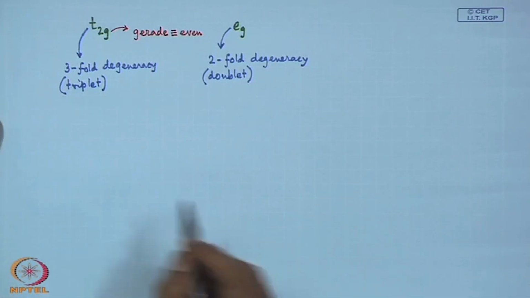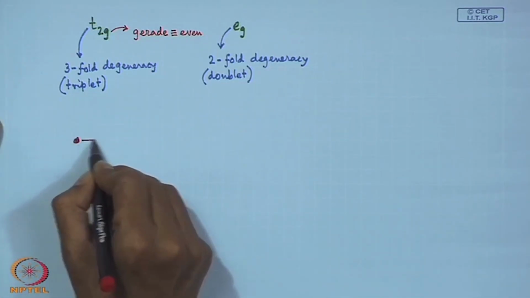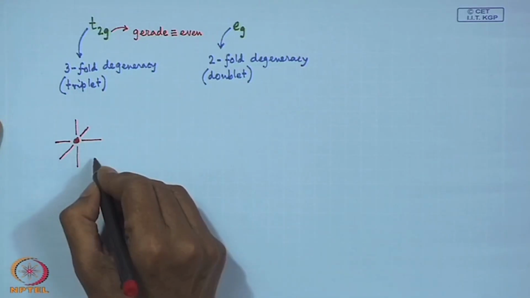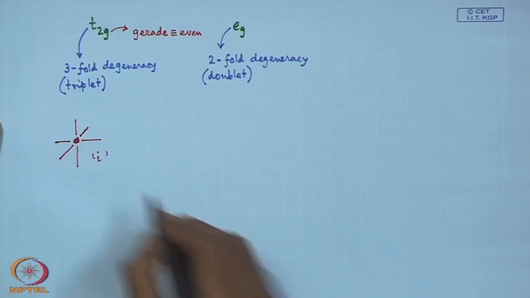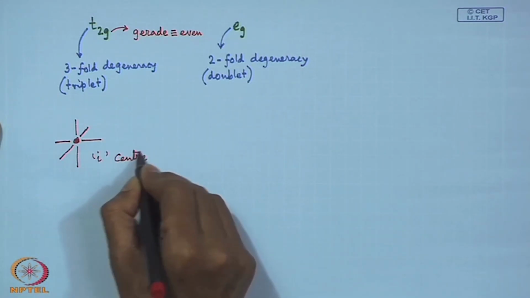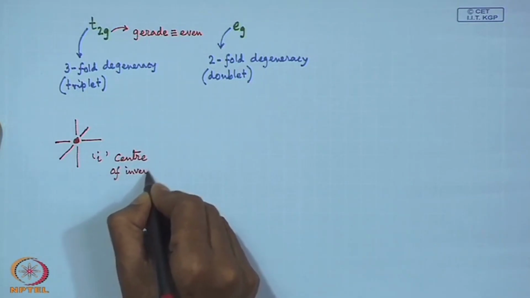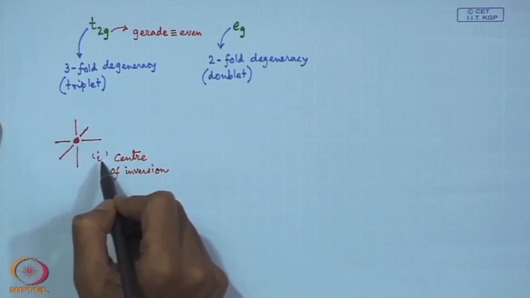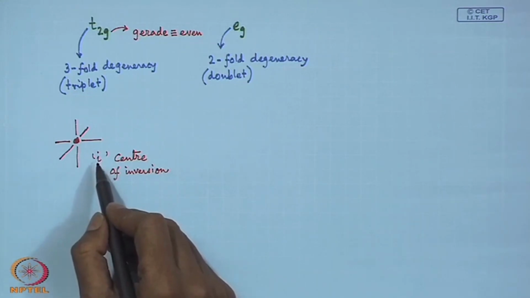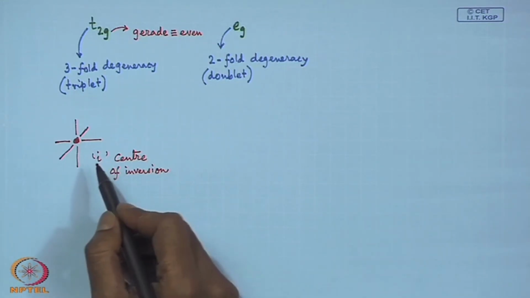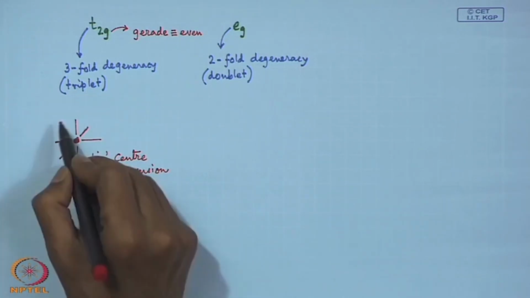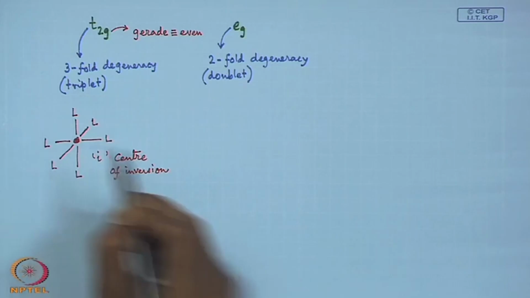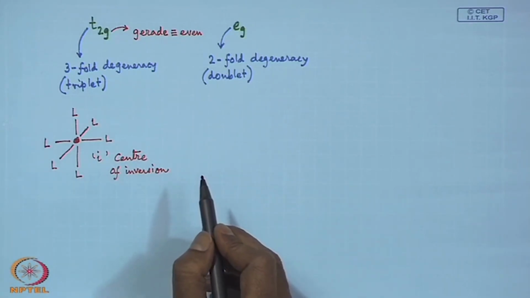That means the metal ion which is sitting inside the octahedral environment is at the center of inversion, I. That means if we go for the symmetry operation with respect to this I operation, we will get the same sign of the wave function and the same molecule. That means the environment, with all the ligands at all these positions, is even in nature, that is why the level is G.